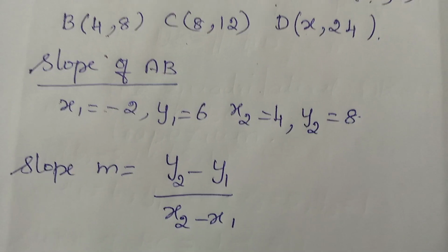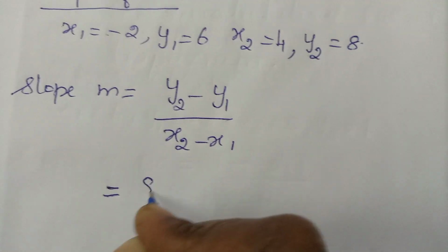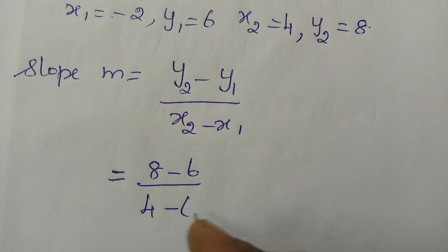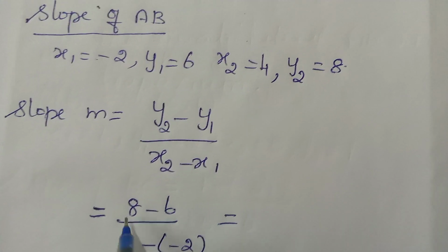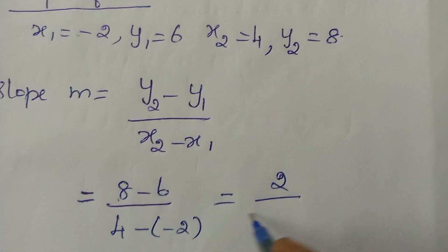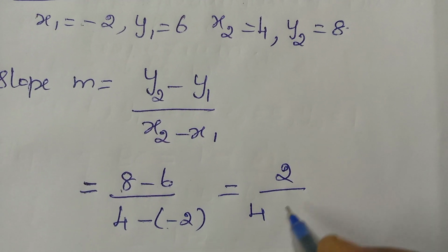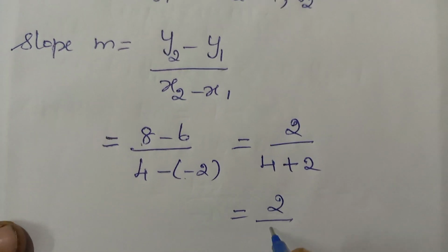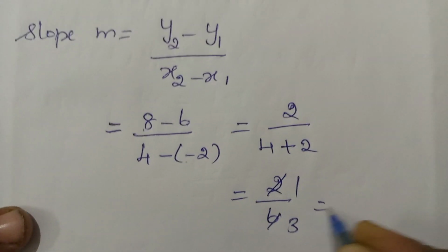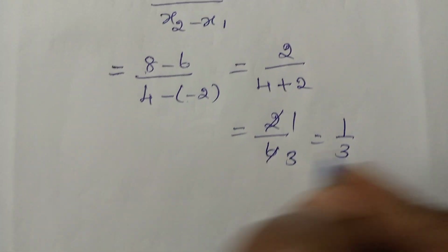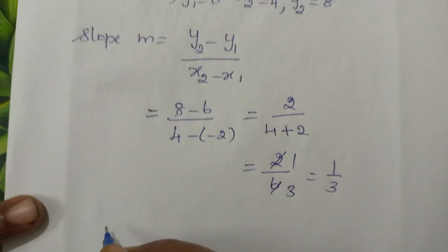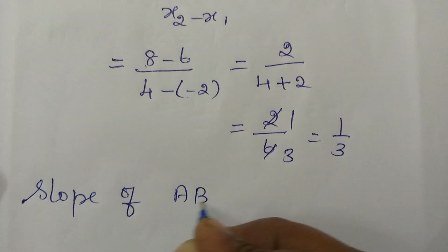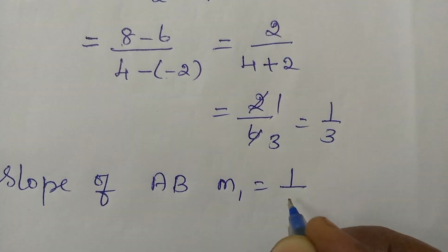Substituting the values, it is (8 minus 6) divided by (4 minus -2), which is 2 by 4 plus 2, which is 2 by 6. Dividing, we get 1 by 3. So slope of AB, M1, is equal to 1 by 3.